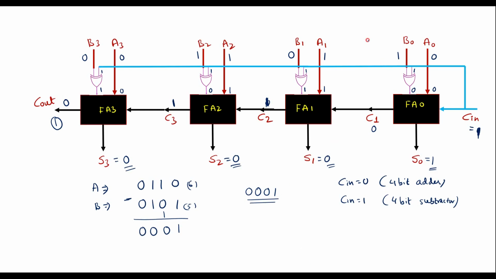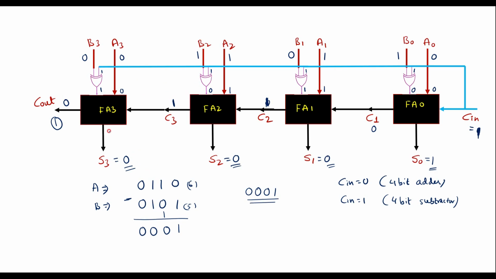Basically this circuit performs subtraction using 2's complement addition. The function of the XOR gate is to perform the 1's complement of input B, because we can see that 1 produces output 0, that is the 1's complement of 1 is 0, the 1's complement of 0 is 1, the 1's complement of 1 is 0, the 1's complement of 0 is 1.